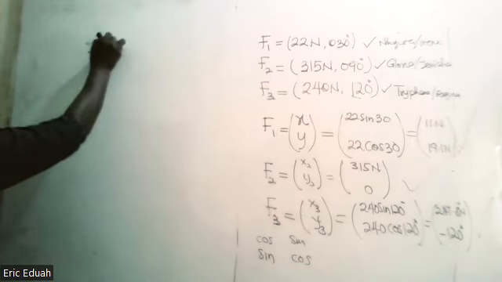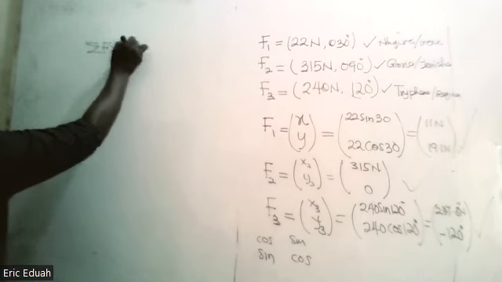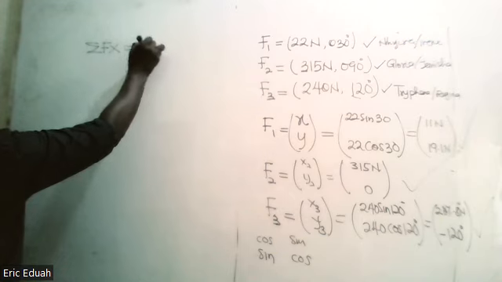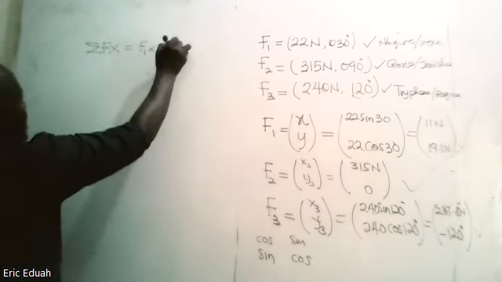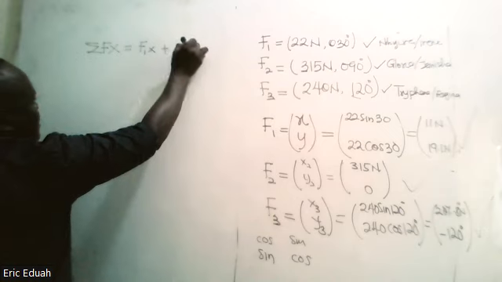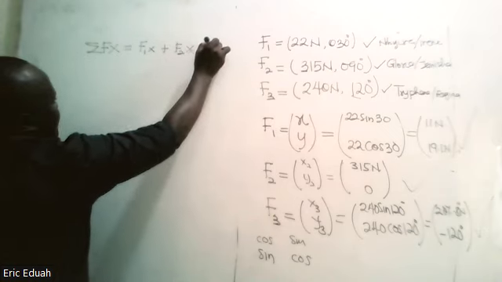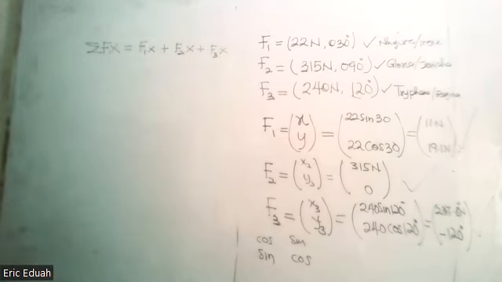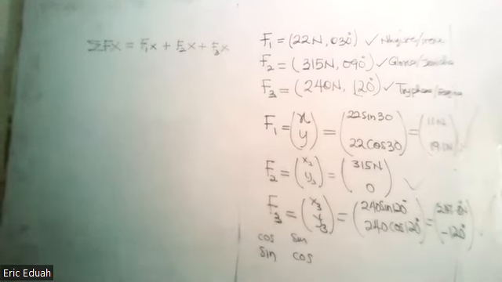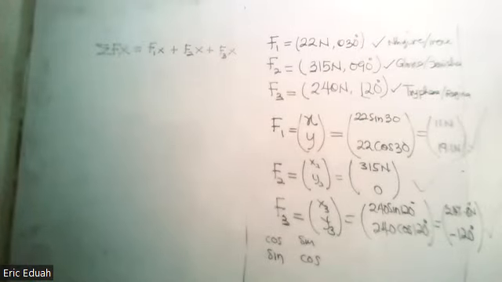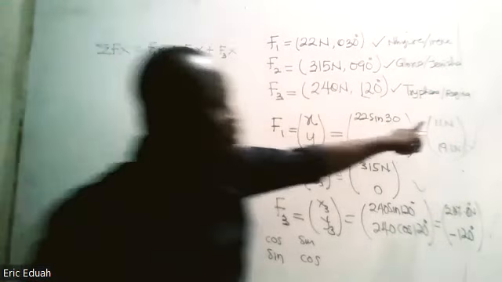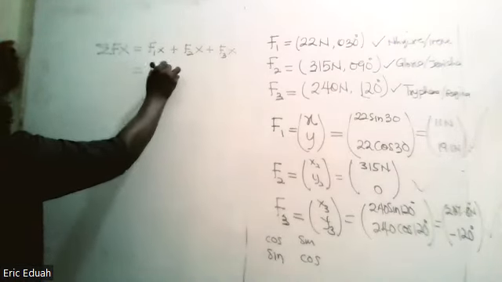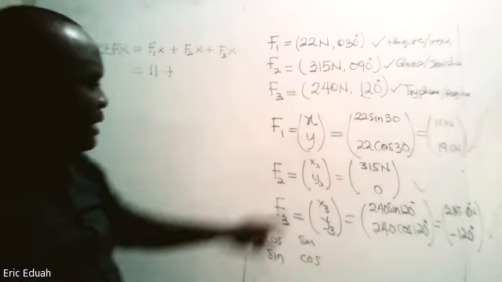Summation of Fx. So the F1x plus F2x plus F3x. Irene, are you there? Okay. Now, F1x is equal to 11. So 11 plus F2x.